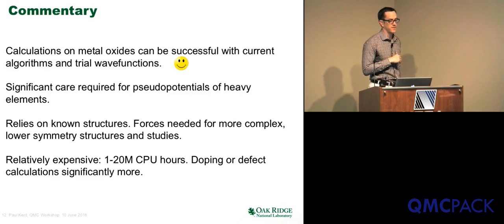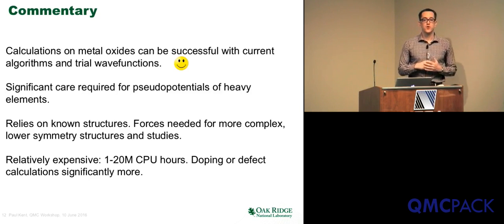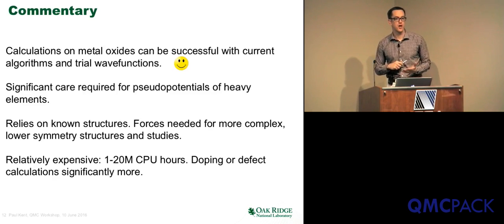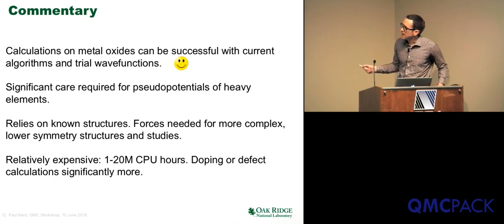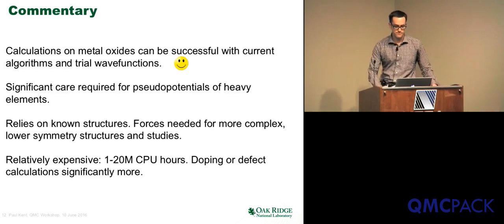Lots and lots of studies have been done over decades now. Whereas if we were doing a new nanomaterial, much less might be known about the structure. And so we'd have to at least do some tests of different structures in that case. So clearly forces would be desirable. And I pointed out the cost here. So the parent materials are accessible, but if one wants to start looking at the roles of doping, that's going to be much more challenging.